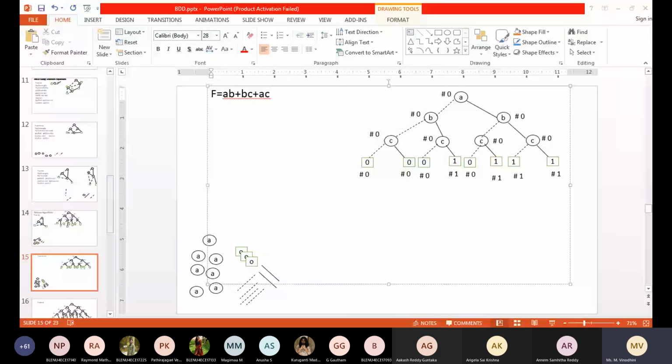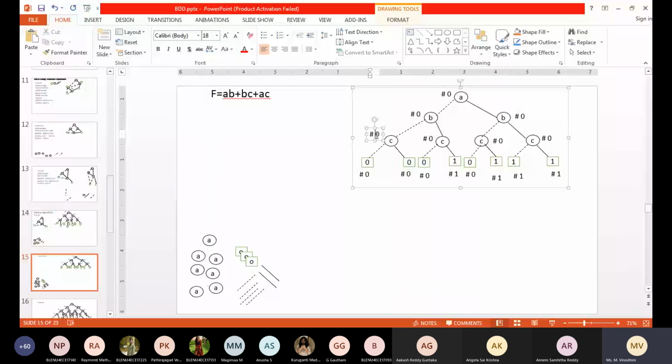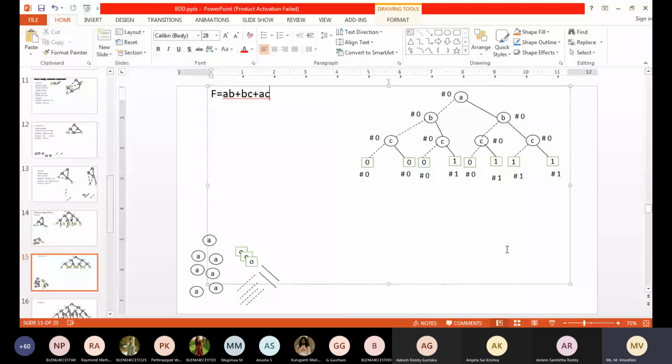Next is for Kirti Reddy. For this C, leftmost C, what will be the value? This C. Number? 0. Okay.